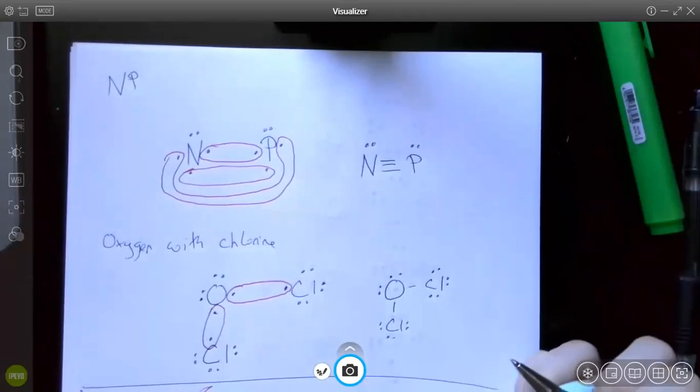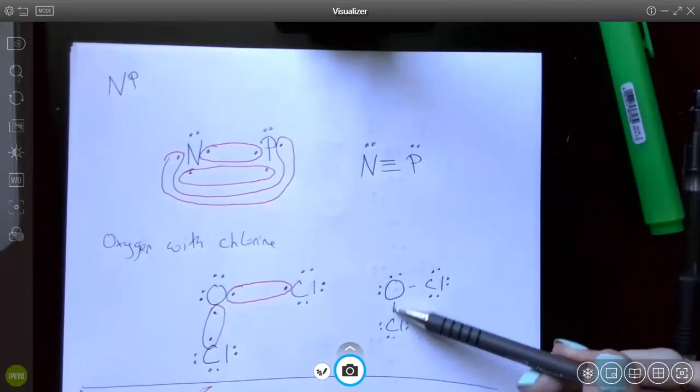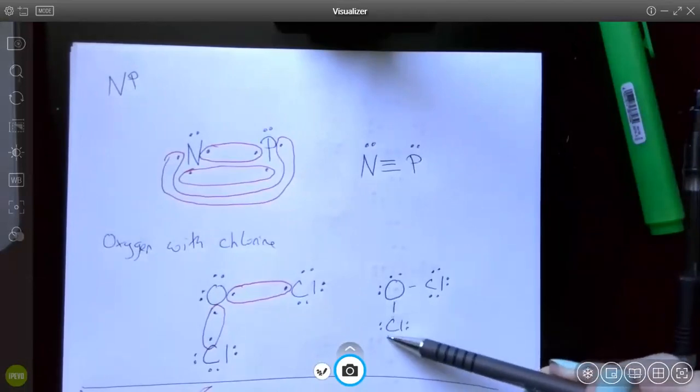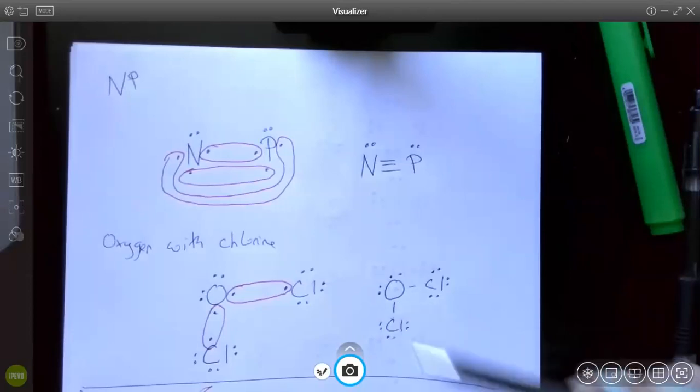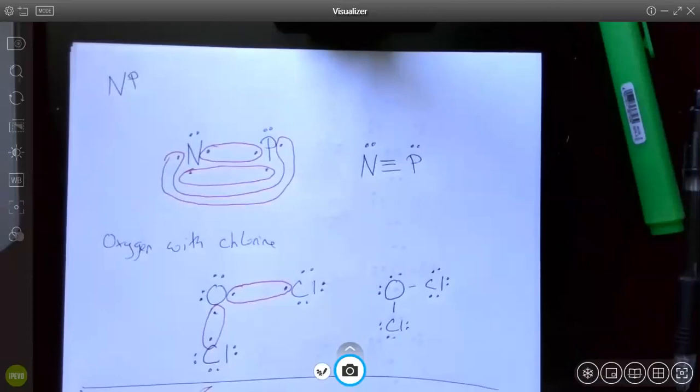Like so. It is important to note that when you're drawing these paired electrons around your chlorine or your oxygen, they cannot be on the same side that has the bond. So I couldn't draw these 2 dots on this side. Okay? The bond has to be going to an empty side of the chlorine molecule.